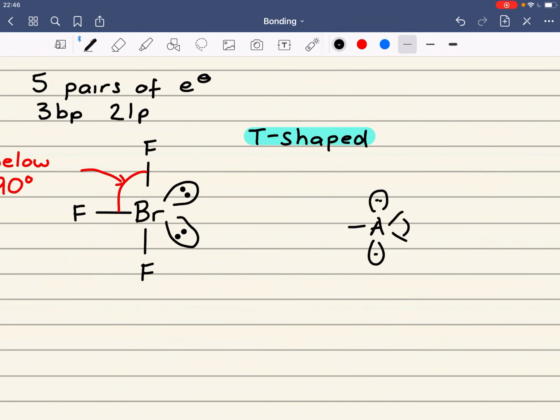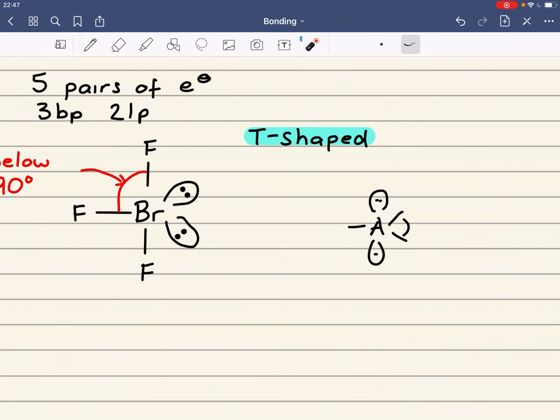Now, this again is due to minimising the repulsion between the pairs of electrons. And again, I'm not going to go into the depth here. If you want to find out, you can have a look on Chem Guide, but it basically doesn't arrange itself in that way. Here you've got the lone pairs in the axial position.